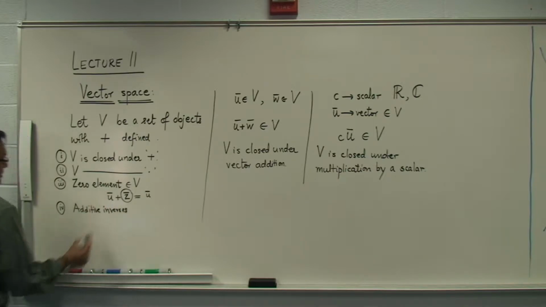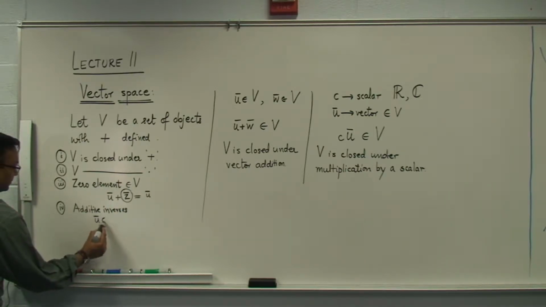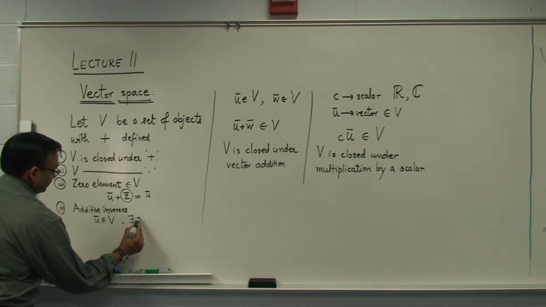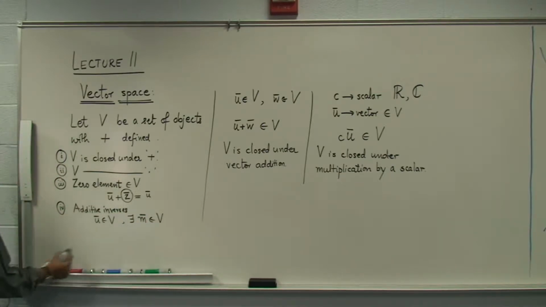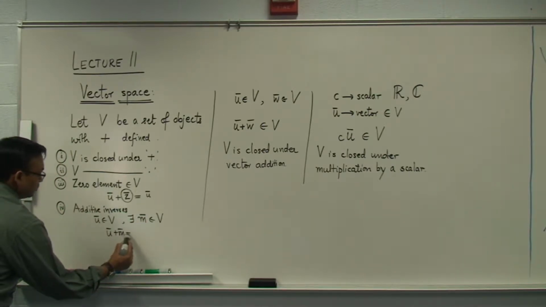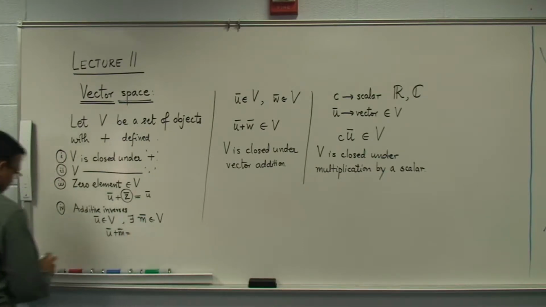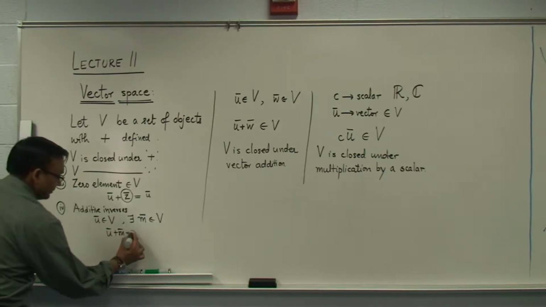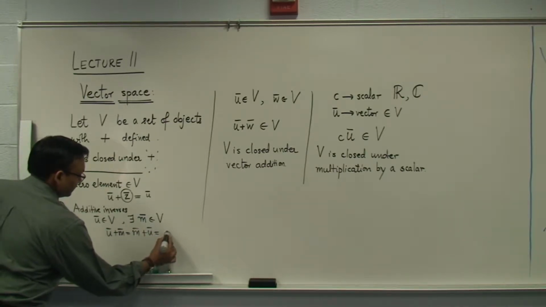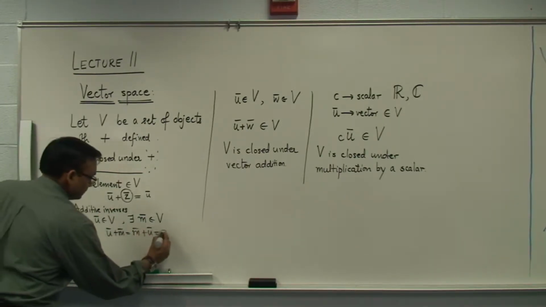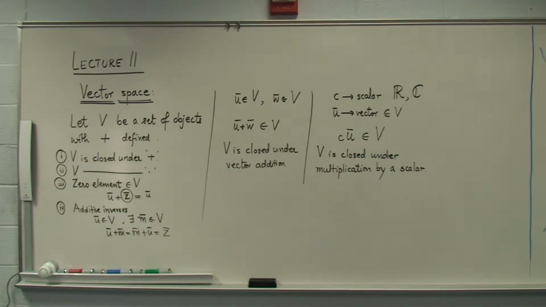In other words, suppose for every vector u in V, there exists a vector, let me call it m, in V such that u plus m is the same as m plus u, and it gives me the zero vector. Then we will say that u has an additive inverse.